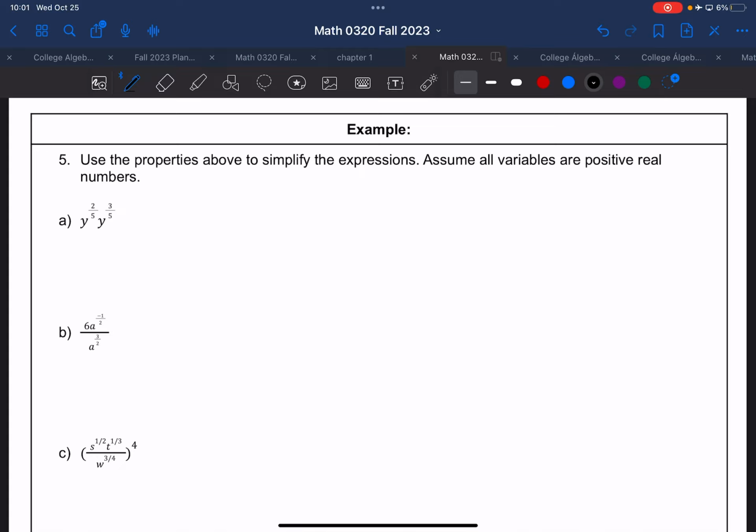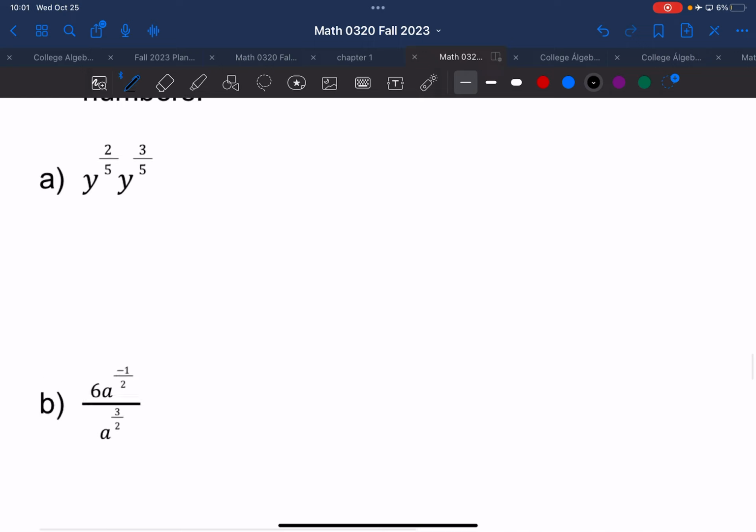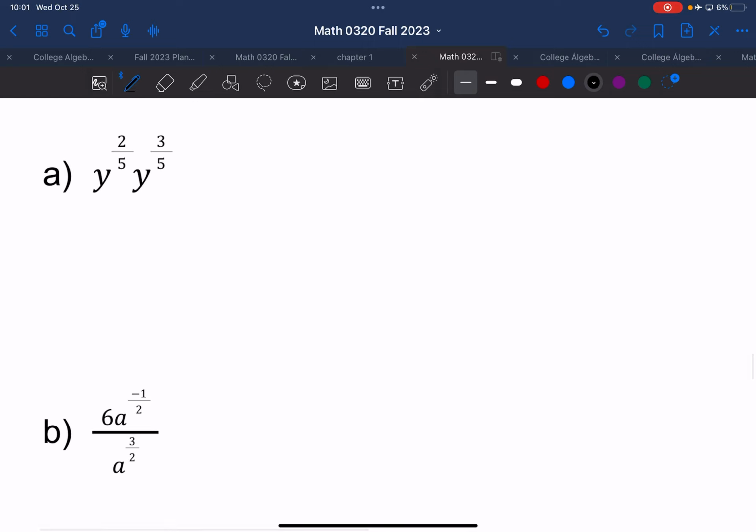Okay, so we're going to use the properties and simplify these problems. So here we have same bases of y that are being multiplied. So what are we going to do to the exponents?